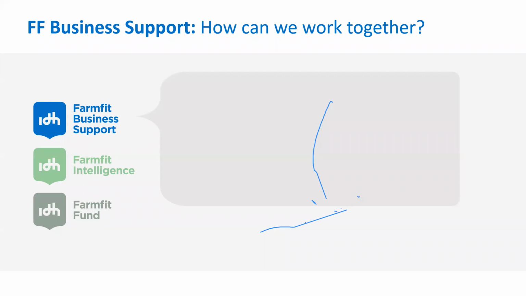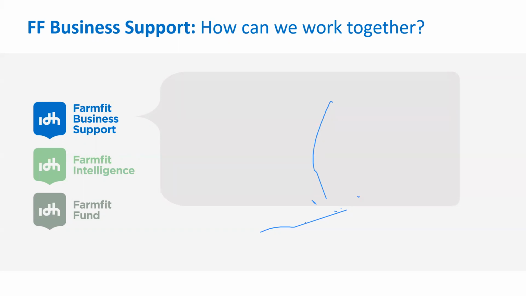To just restate this again, FarmFit business support is really where our execution team is. This is our colleagues who are doing SDM studies. This is our colleagues who are working closely with companies on business development, and this is also the unit where we are doing the TA projects and provide advisory and support.